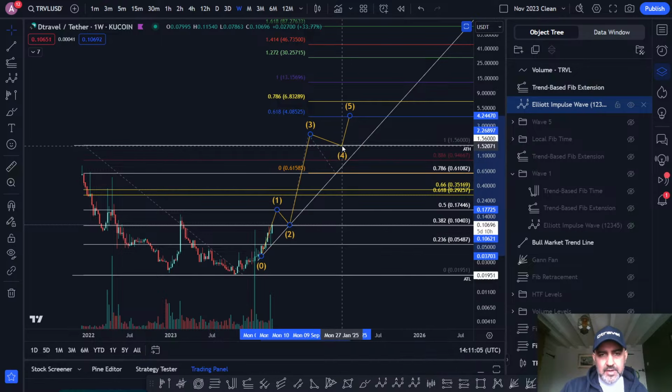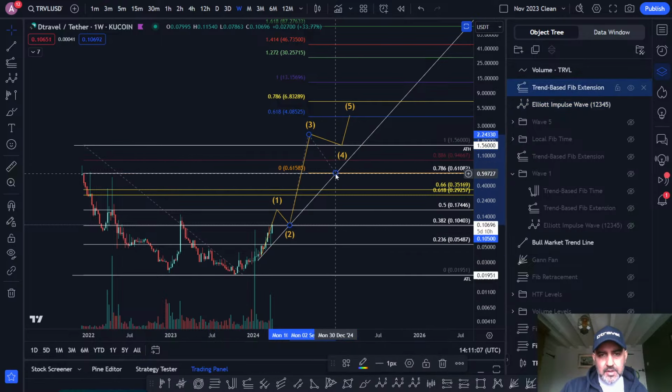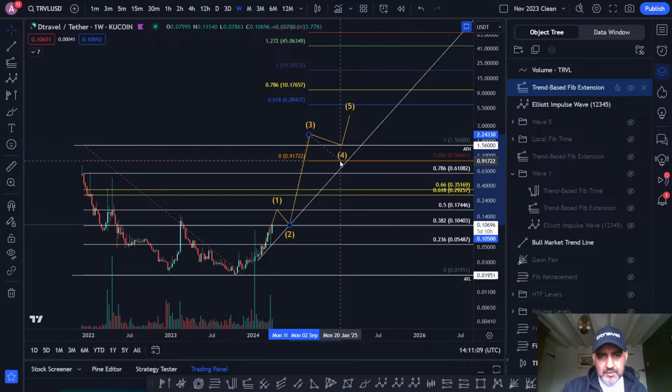The 4 is going to be really important to see how deep or how shallow the 4 gets.